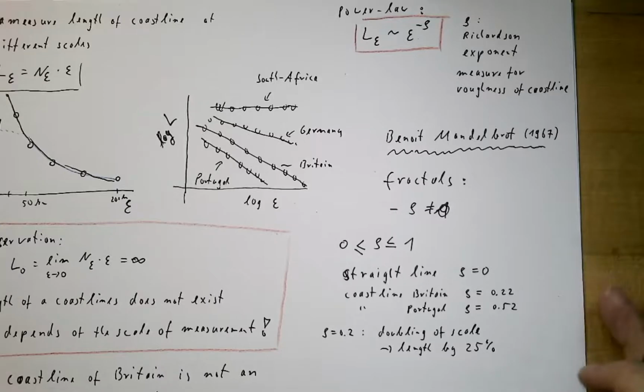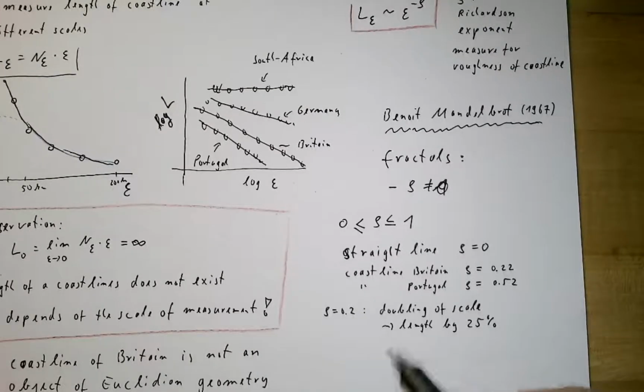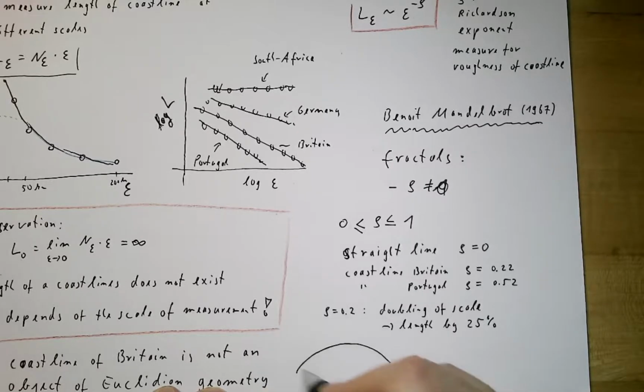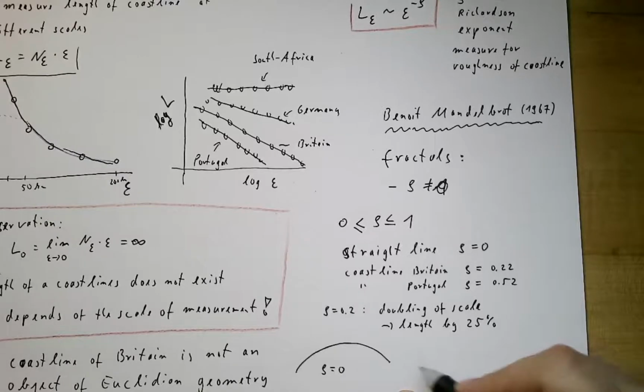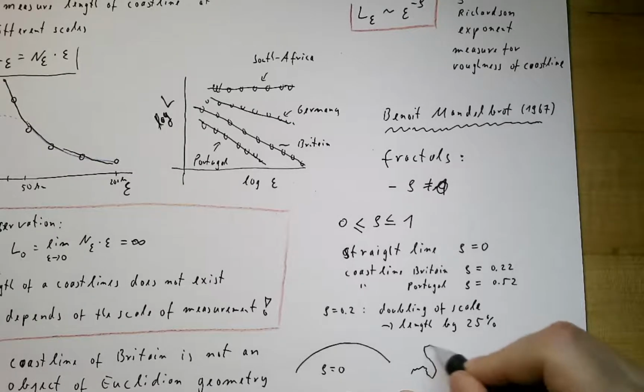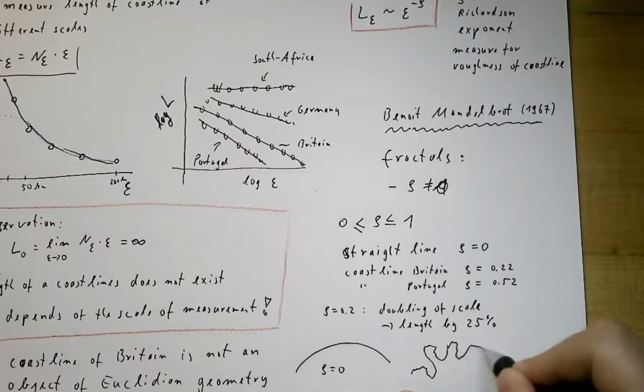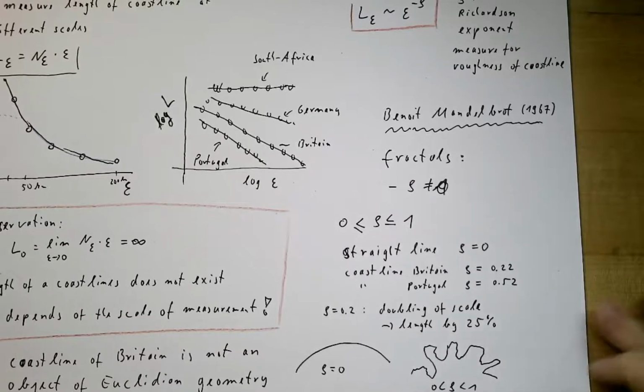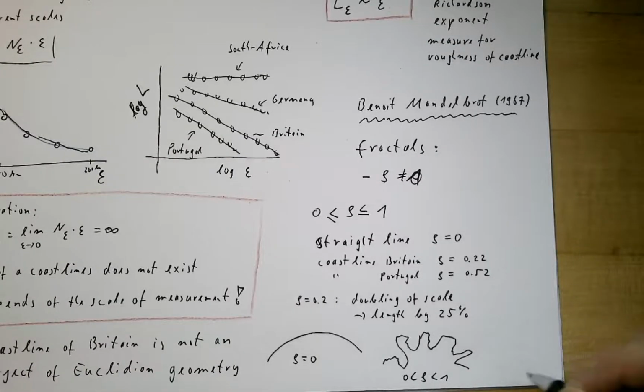And now we can say something like this. If we have a straight line or one-dimensional object or a smooth line, this would have a roughness of 0. Now let's take an object which has these fjords. Then we have a larger roughness. And now we have the limit, and we will see this limit soon.